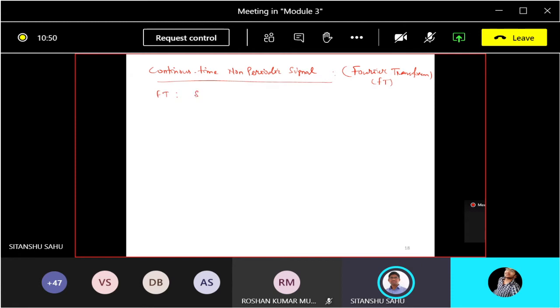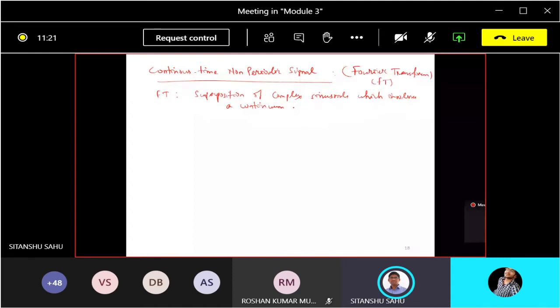It is a superposition of complex sinusoids which involves a continuum of frequencies ranging from -infinity to +infinity.